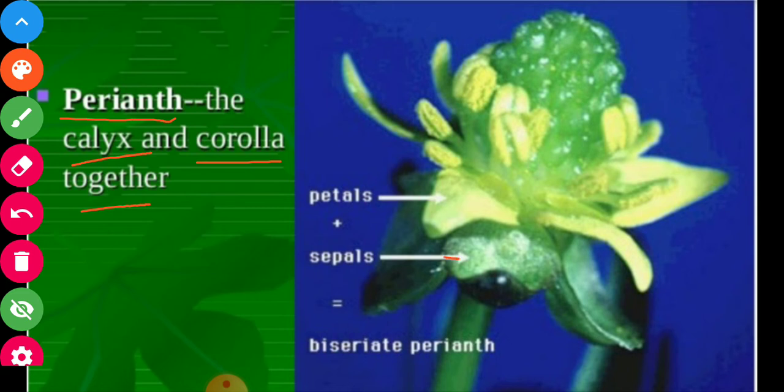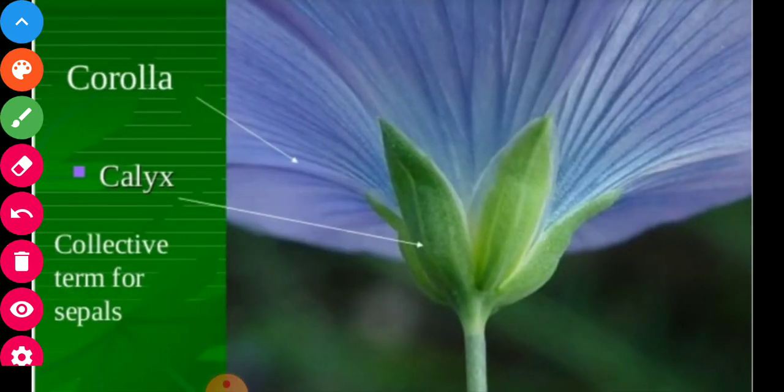So these are the sepals, and these are petals, and if they are united, they are called perianth condition. Here calyx and corolla, you can see this is a colorful part which is called corolla, and here the green part, these structures, they are called calyx.